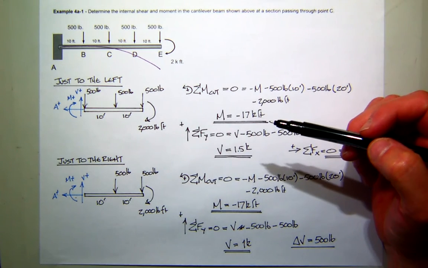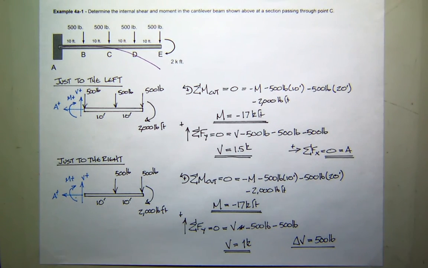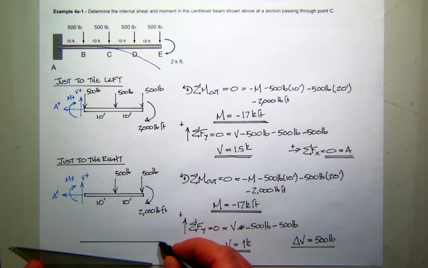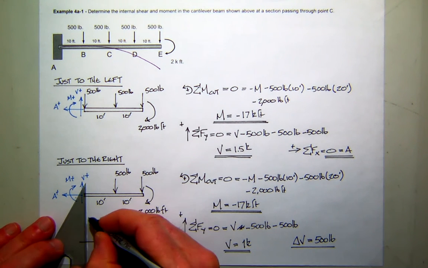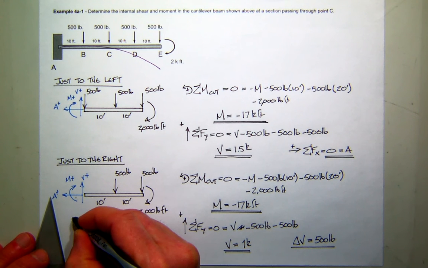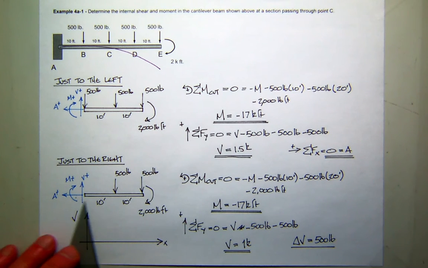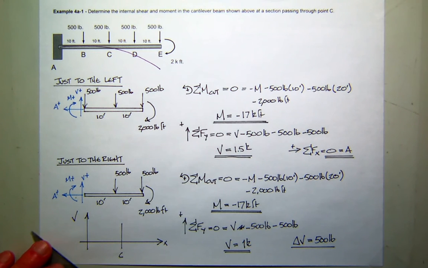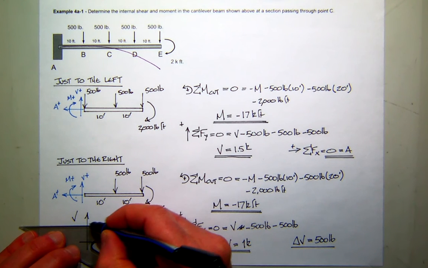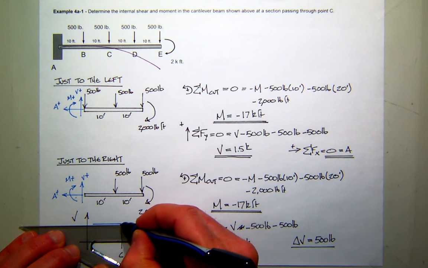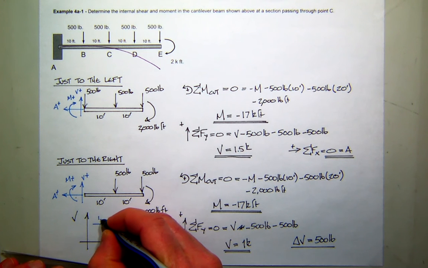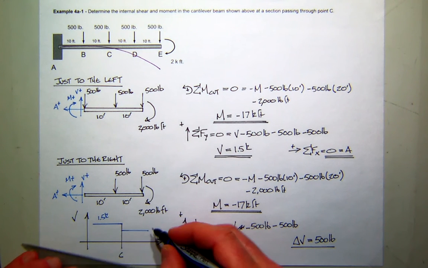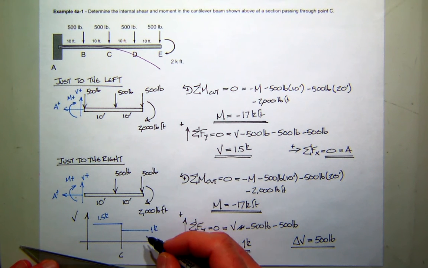So if I were to make a plot of the shear force as a function of x, I'm plotting the shear force, and I'm worried about this point C. It's coming in, I don't know what the value is, but it's coming in on the left side at 1.5 kips, and then it instantaneously drops down to 1 kip.